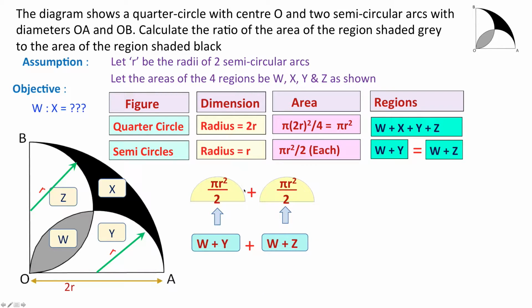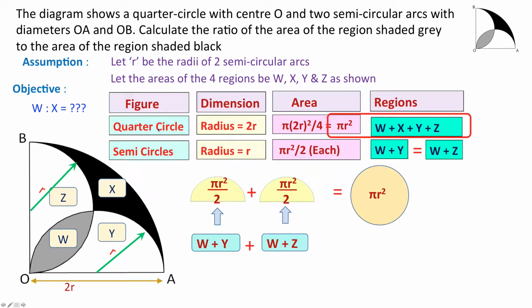Now what happens if I add a semicircle to another semicircle? I get a full circle of area pi r square. Now this was a visual manipulation step. Coincidentally, this area pi r square happens to be same as the area that you have derived for the quarter circle.